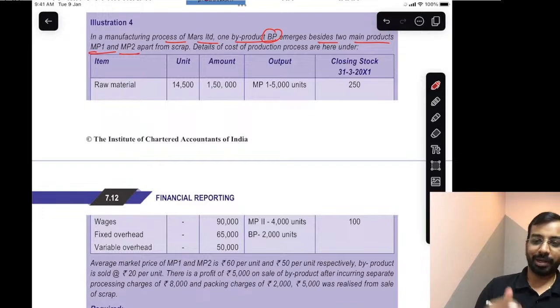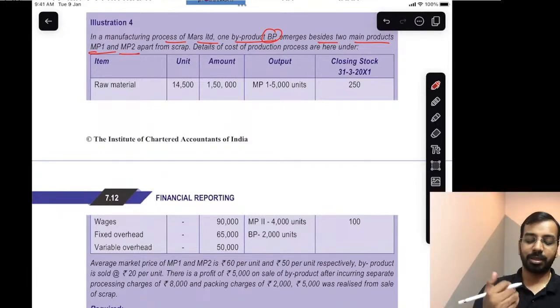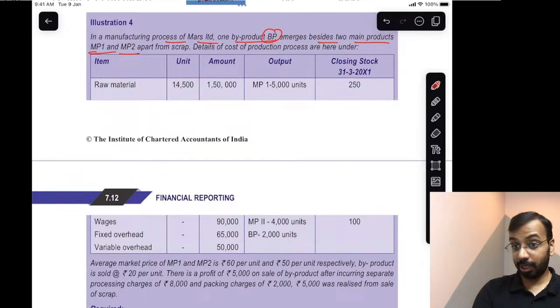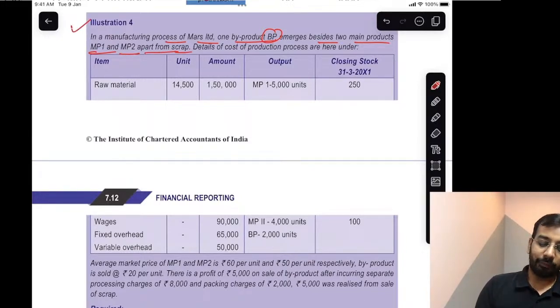I don't know how many times this question has been covered in intermediate classes, in the accounting examinations, in final examination, the earlier ones. One of the most tested questions, I would say, apart from the scrap. So you have one byproduct, you have one scrap, and you have MP1 and MP2. The cost of production process are given below.